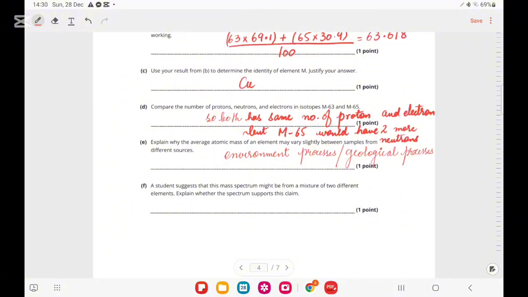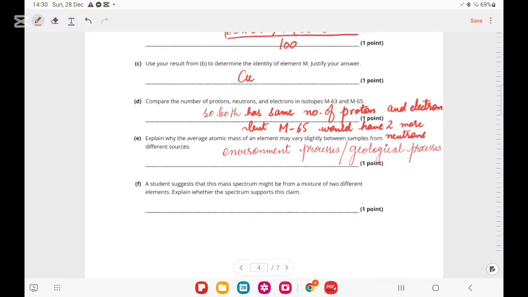A student suggests that the mass spectrum might be from a mixture of two different elements. Explain whether the spectrum supports this claim or not.